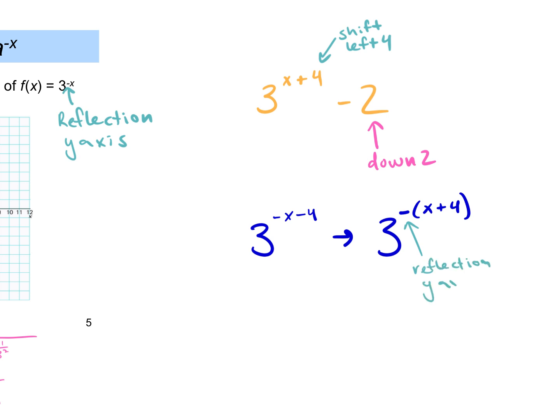Reflection on the y-axis, perfect. And then the plus 4 would be which way? To the left. Awesome. So even though in the beginning it looks like a -4, it pulls that negative out because that negative is being multiplied to the x and the +4, so it's actually a +4. You'll see an example like this on the homework.